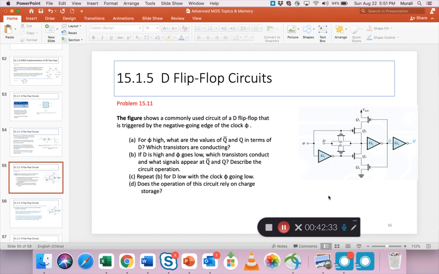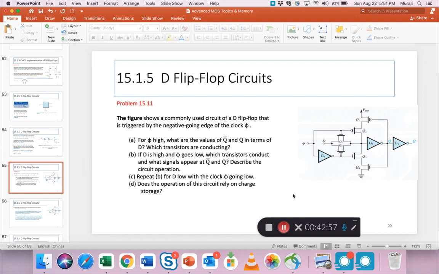This is just something additional, so maybe you'll be interested, maybe not, but don't worry too much if you don't get it. But the interesting part about this problem 15.11 is that this circuit is used to create a negative edge triggered D flip-flop.